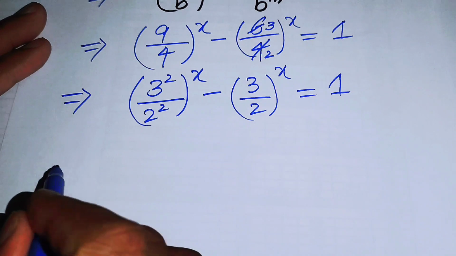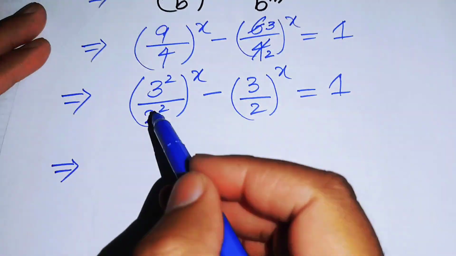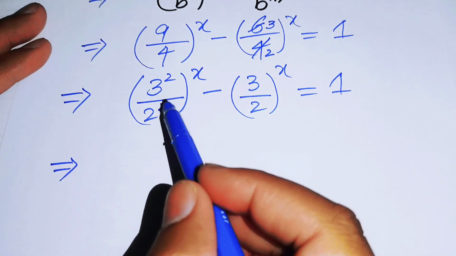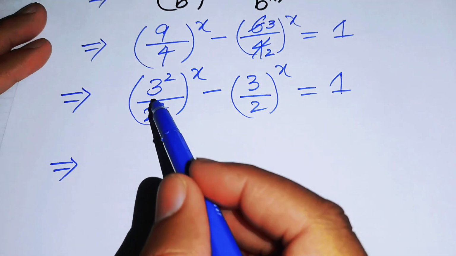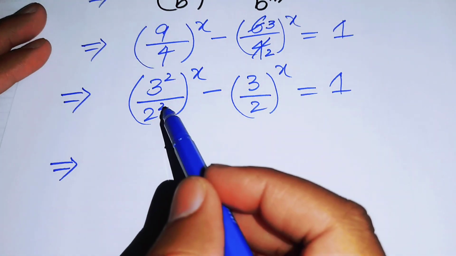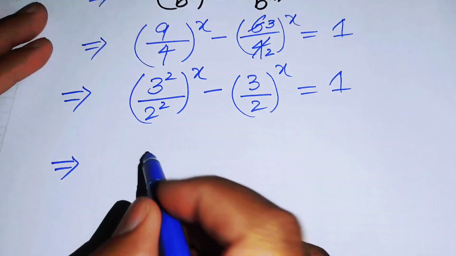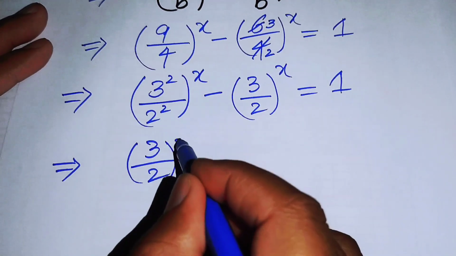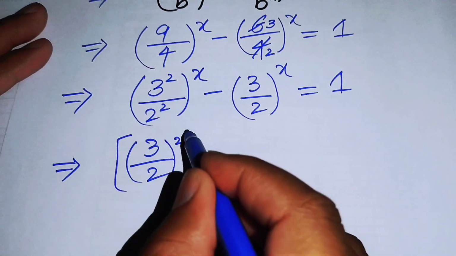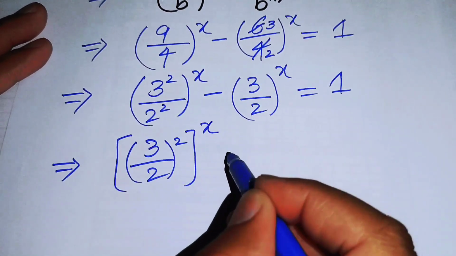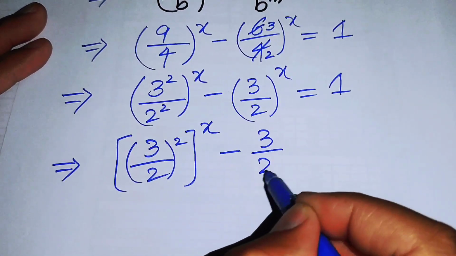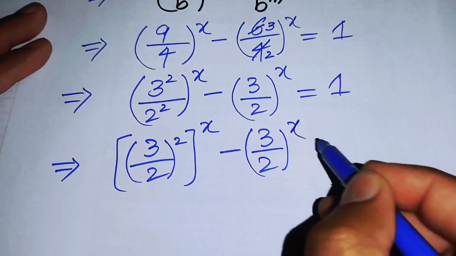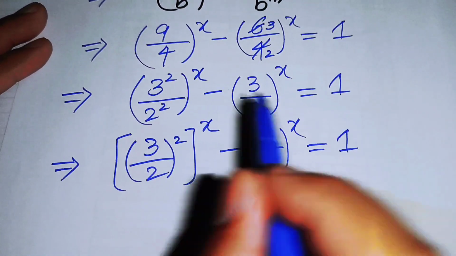And after that I will again combine this exponent, and I can write it as 3 over 2 to the power of 2, and its whole power x, minus 3 over 2 to the power of x is equal to 1.